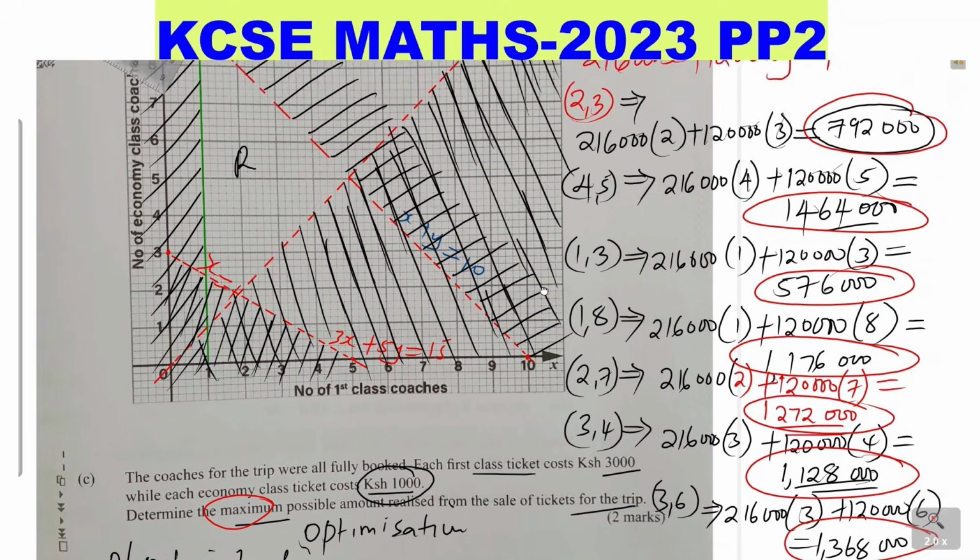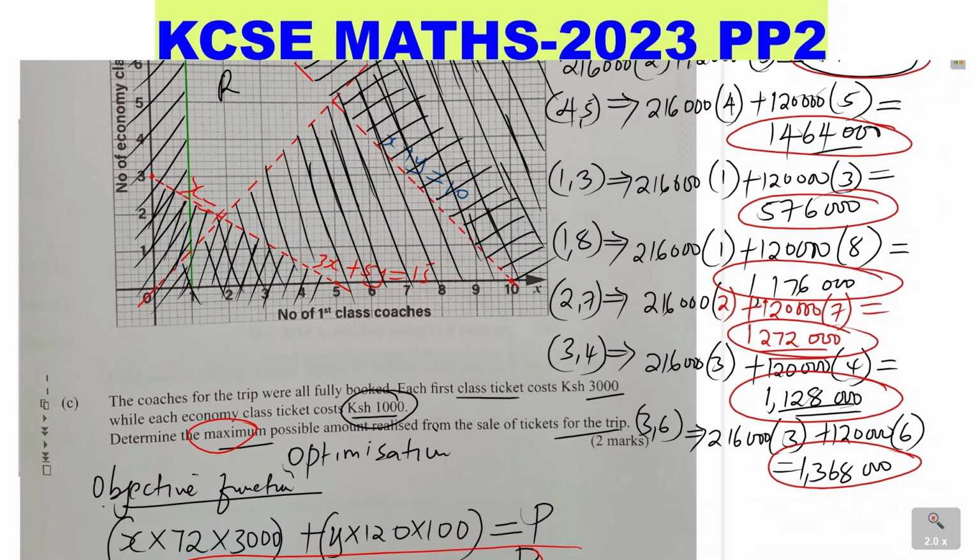The one giving the highest amount among all these is 1,464,000, and that is (4, 5). That means the number of first class coaches is 4, and the number of economy class coaches is 5.